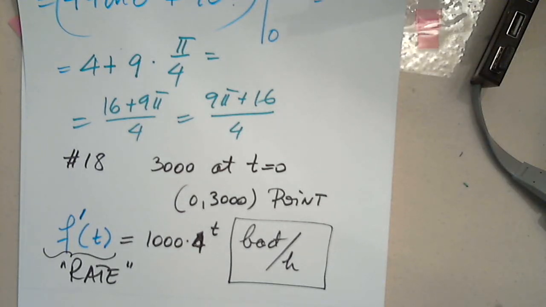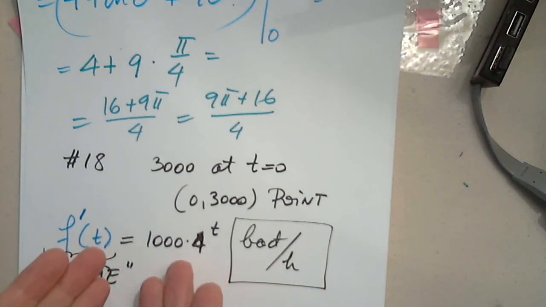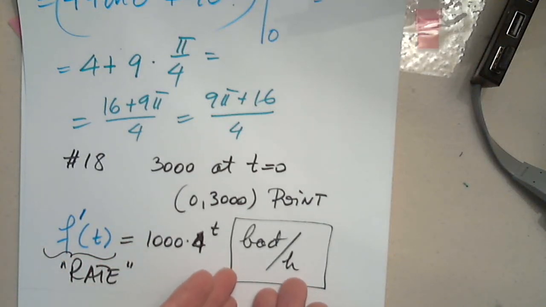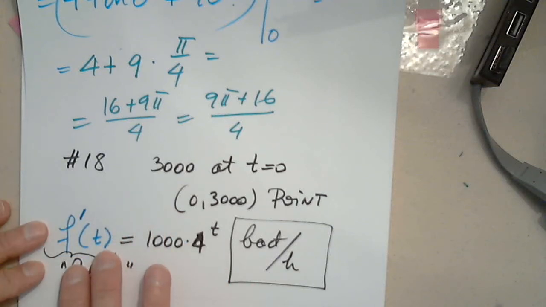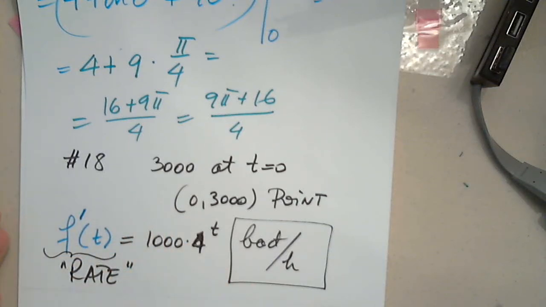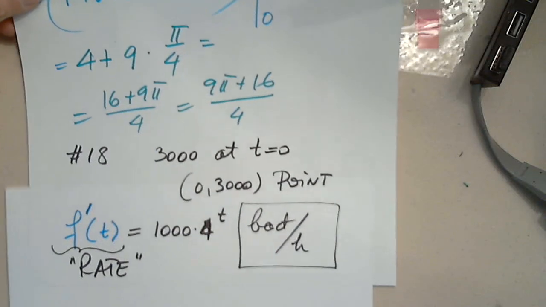I didn't explain it clearly. So I need to put something here that represents this function, and it's measured in bacteria per hour, and it's a rate of growth. So it must be the derivative, because this notation is crucial for what I need to do next.